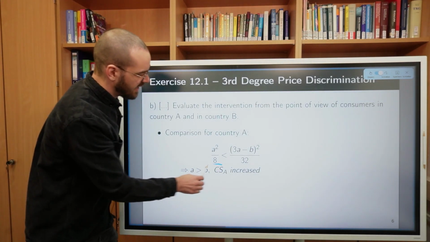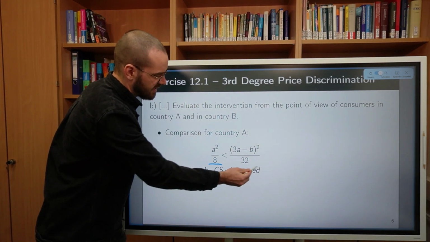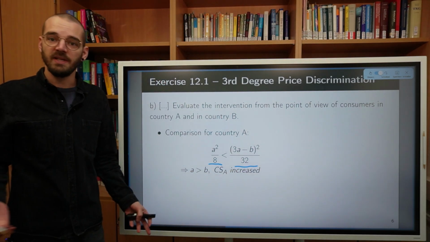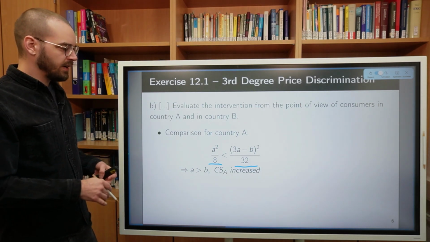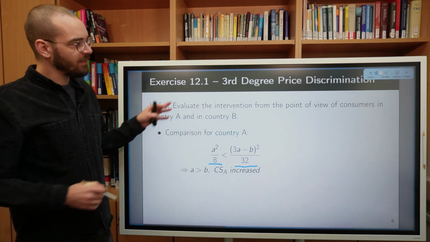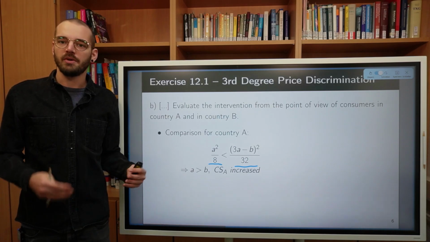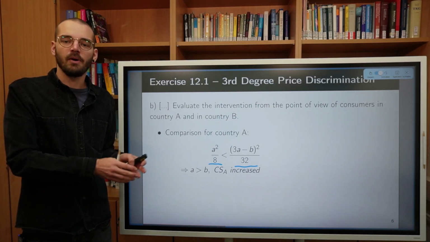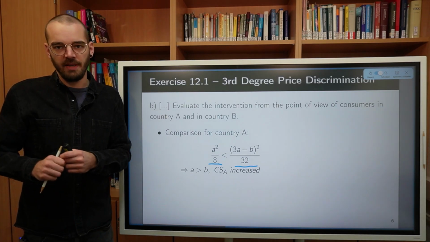On the left-hand side we have the result from task A. On the right-hand side we have the result from task B. These two expressions now need to be compared in order to evaluate from the point of view of the consumers whether or not they are better or worse off moving from price discrimination to non-price discrimination.